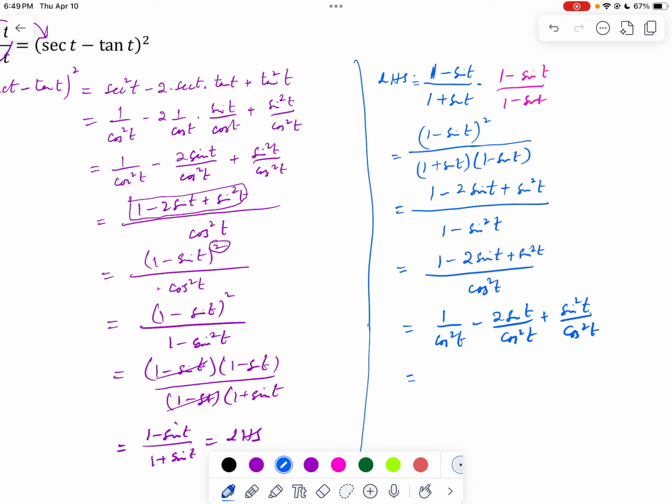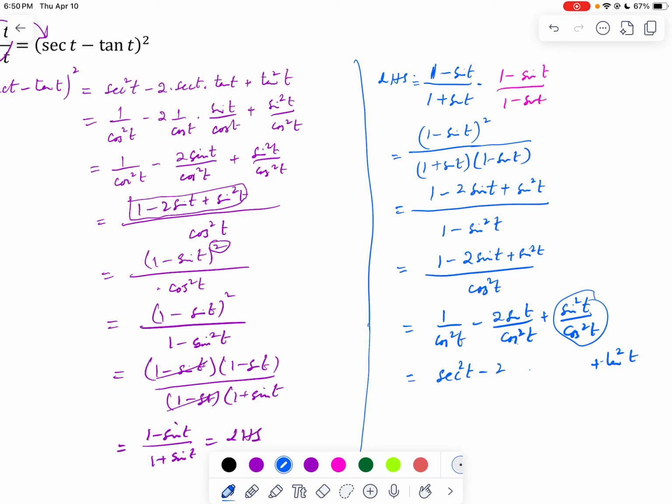Now 1 over cosine t is secant t, so we are getting secant square t minus, and note the last term will be tangent square t, which gives us a hint that the middle term should have both secant t and tangent t in there. So how do we get that? Well, we have 2 cosine square t's in the bottom, cosine t times cosine t.